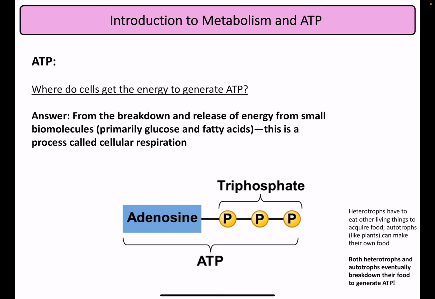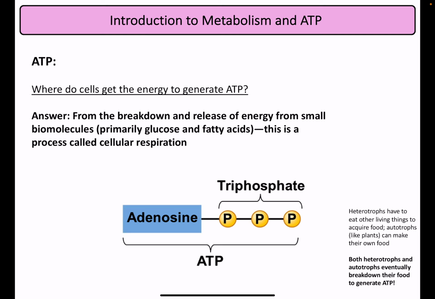Then, within the cell, within the mitochondria, you break down that glucose even further and release that energy and store it into molecules of ATP. Now, it's important to note that both plants and animals do this process of cellular respiration.